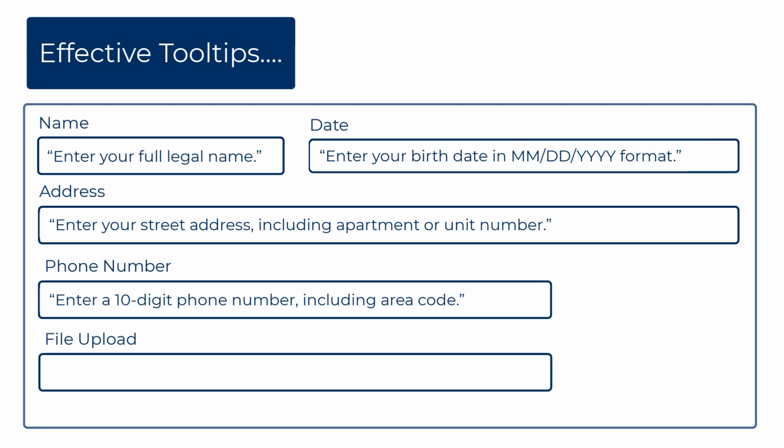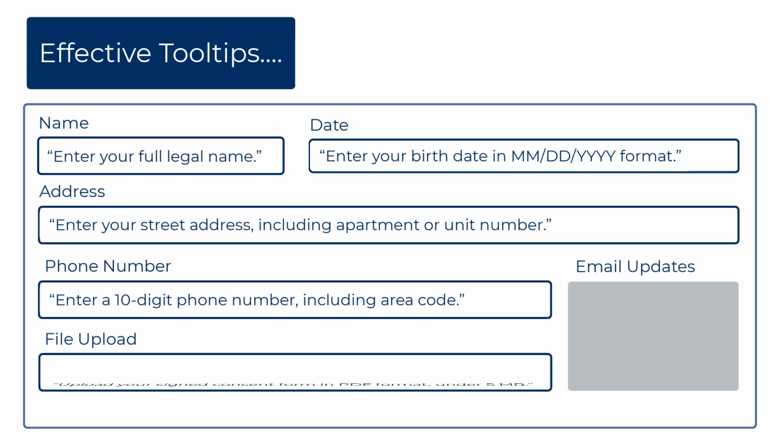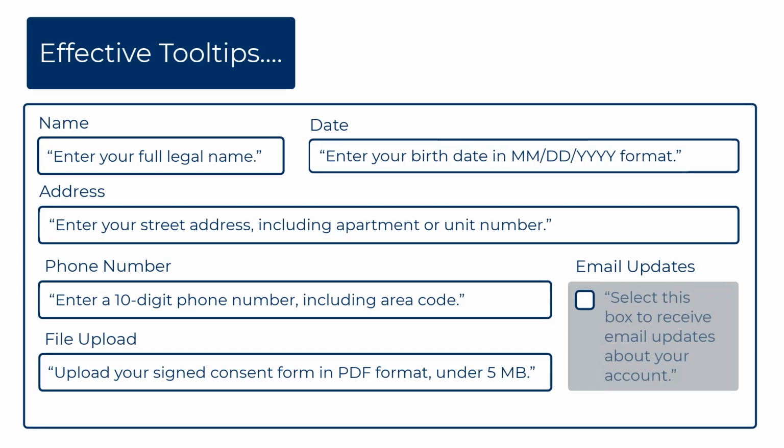File upload field. A clear tooltip might read, upload your signed consent form in PDF format under 5 MB. This works because it specifies both the file type and the limit, no trial and error. Optional checkbox. A clear tooltip might read, select this box to receive email updates about your account. This works because it explains the purpose of the checkbox, not just that it exists.